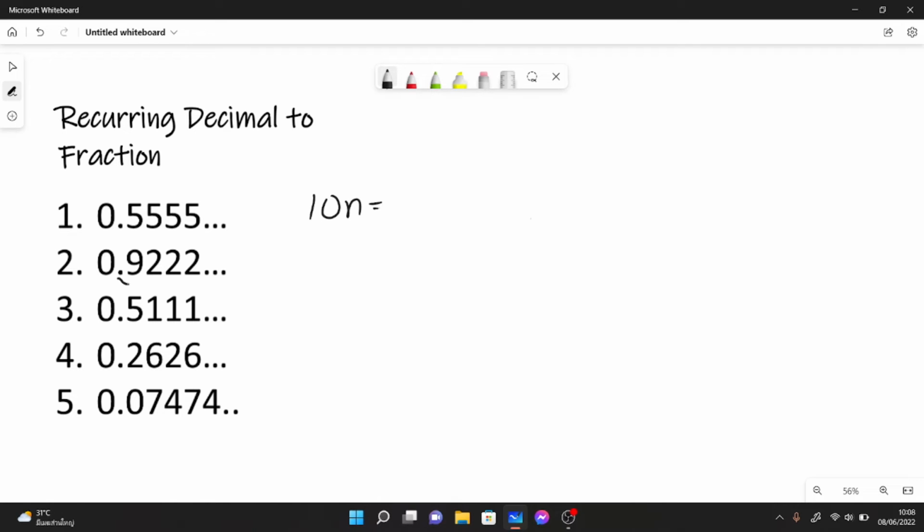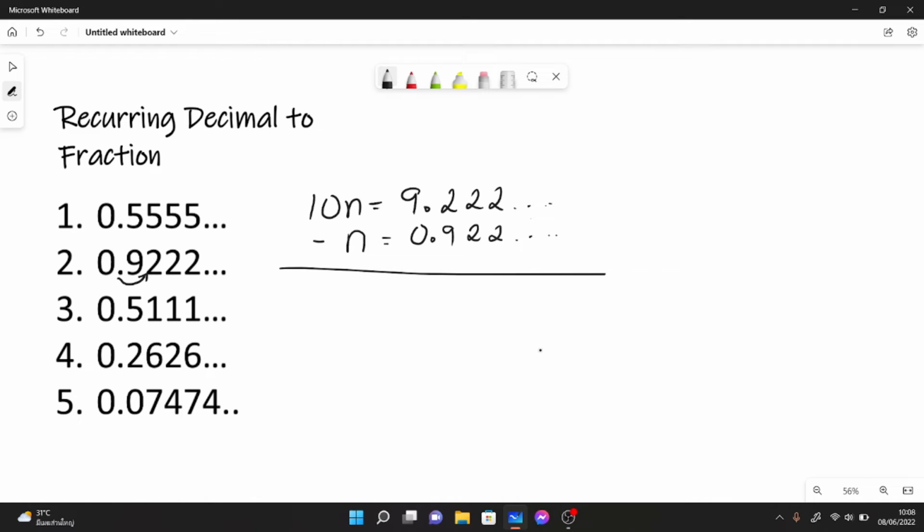So it will become 9.222 and so on. Then subtract the original one, 0.922 and so on. So 10n minus n is 9n.